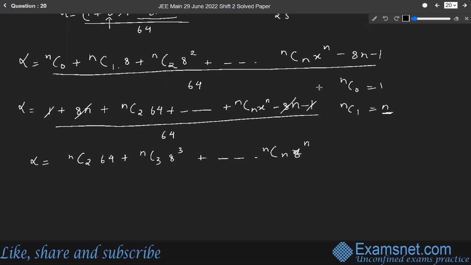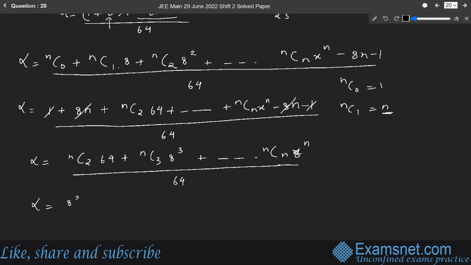Now, here we have to notice one thing, that this 64 will be cancelled with the denominator, okay? This 64 is the minimum power of 8 that we can take common from this expression, right? See, it is starting with 8 square, then 8 cube, then so on up to 8^n. So the minimum power of 8 that we can take common from here is 8 square, right? So let us take 8 square common.